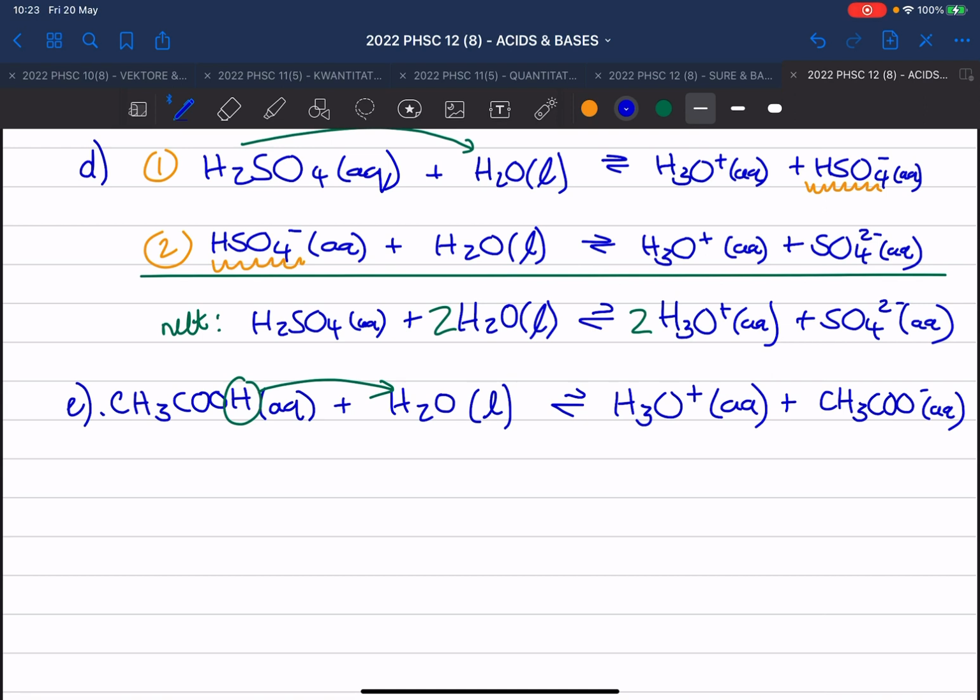Okay, then Botumelu, give me the Lowry-Brønsted definition of an acid. It donates a proton. Then, Kananelo, difficult question for you. In this reaction, give me the formula or the name of 2 bases. I'll give you a clue.